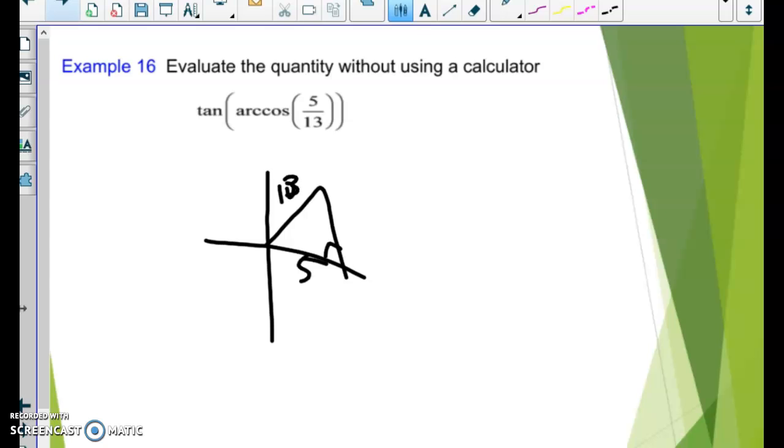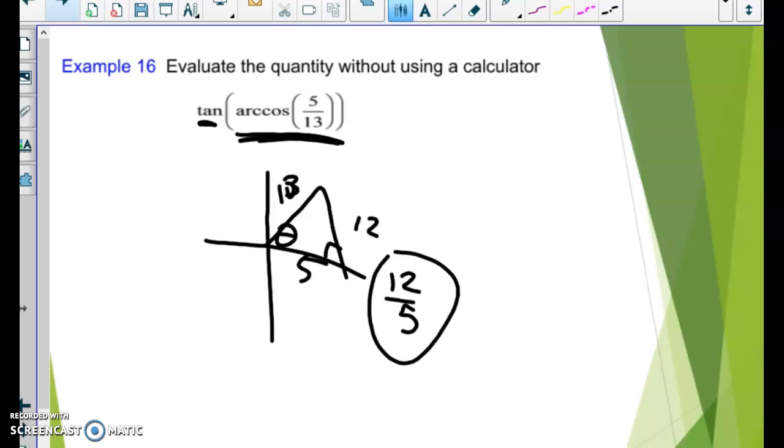I think this is one of the ones you would recognize. That one's 12. Then to answer the question, we've set it up: the angle who has a cosine of 5/13 is the triangle with the angle in it. And then we answer by asking, what's the tangent of that angle? Well, our tangent is going to be the opposite over the adjacent, and so that is the answer.